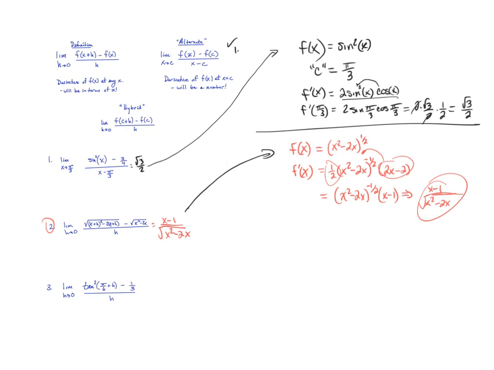So we've got one more example here. h is heading towards 0, so we know it's one of these two guys. But because we have a particular x value here, pi over 6 plus h, pi over 6 plus h, I'm pretty sure, if nothing else, that for this one we can start by saying, hey, I know that c is pi over 6.